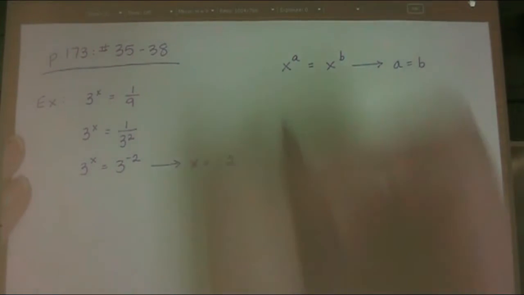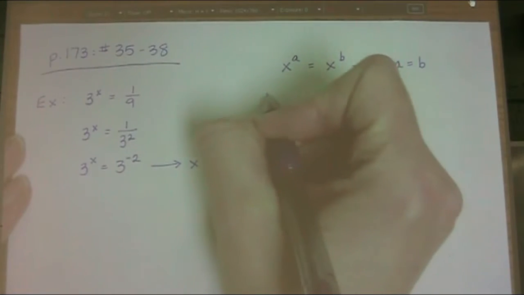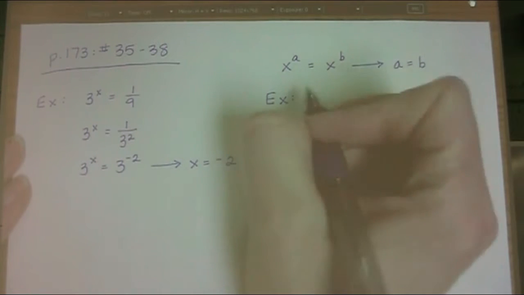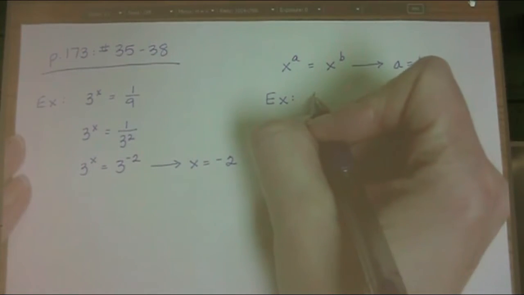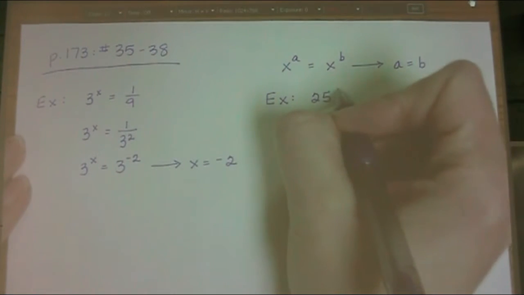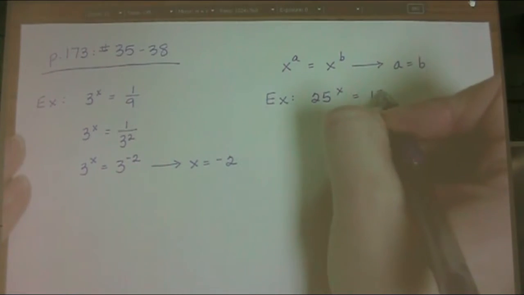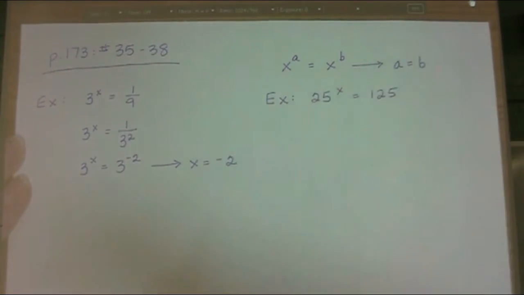All right, let's do another example. And it's really helpful if you know your multiplication tables and your powers by heart. Now what I want to do is get the same base on both sides of this equation.